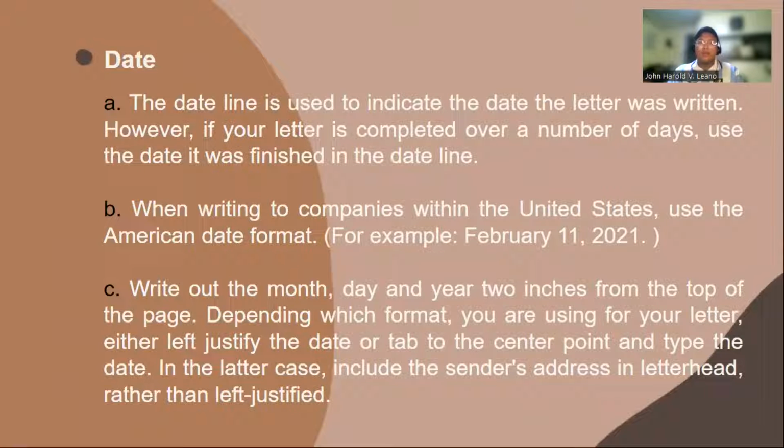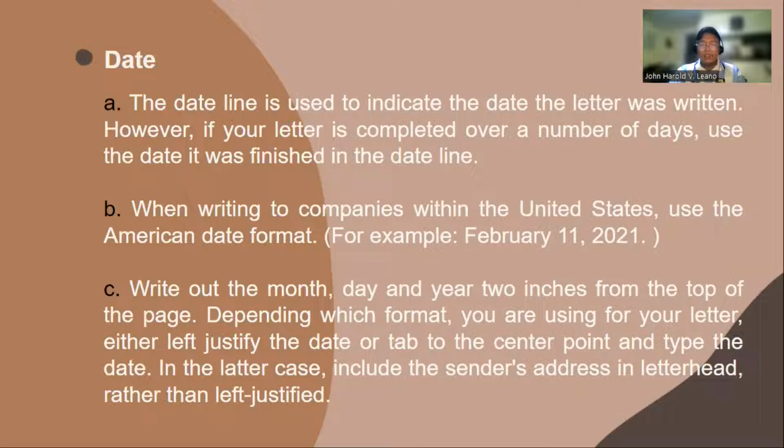Next is the date or the date line. Try to leave 4 lines below the letterhead before the date line. Spell out the name of the month in full, for instance, September or March, rather than Sep or Mar, or what we call the abbreviation. So do not use abbreviation in writing the date line.